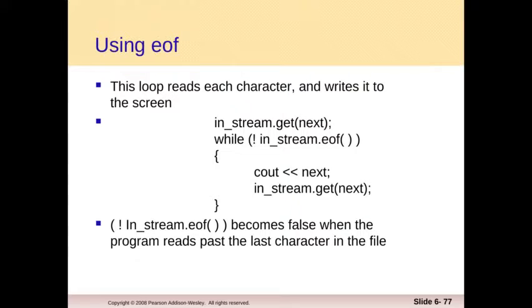If that next one was there, we go into the loop body again, and so forth. So here it says, the instream.eof becomes true when the program reads past the last character in the file.